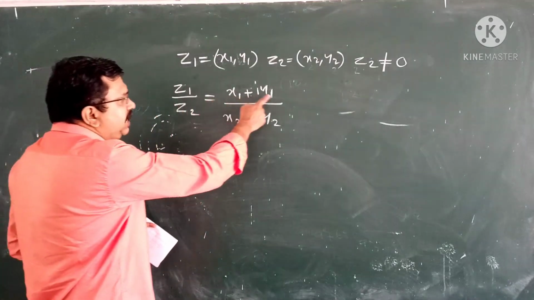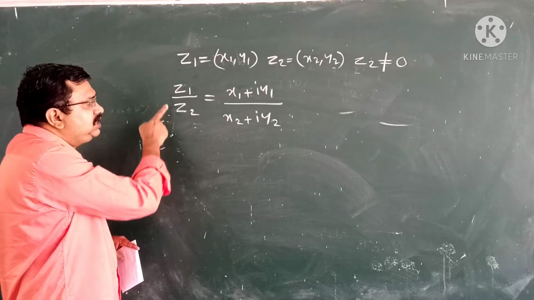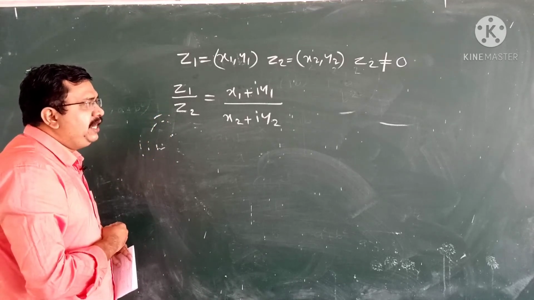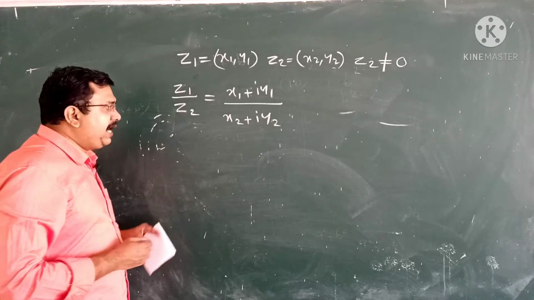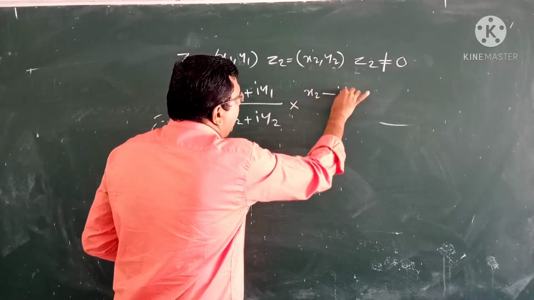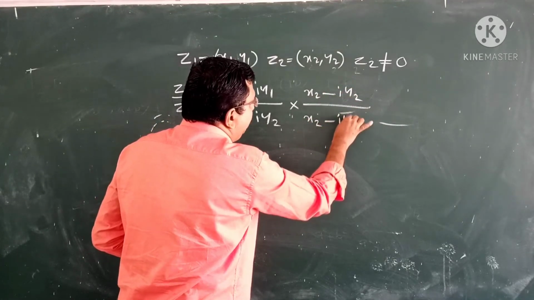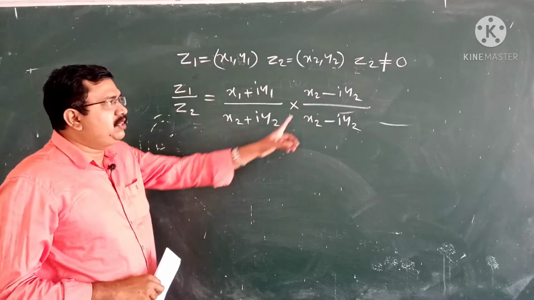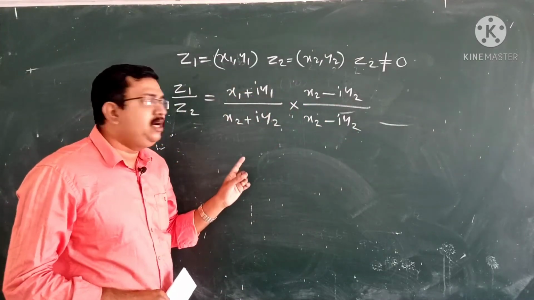Then multiplying the numerator and denominator by (x2 minus iy2) divided by (x2 minus iy2). Okay, multiply with x2 minus iy2 on both the numerator and denominator.